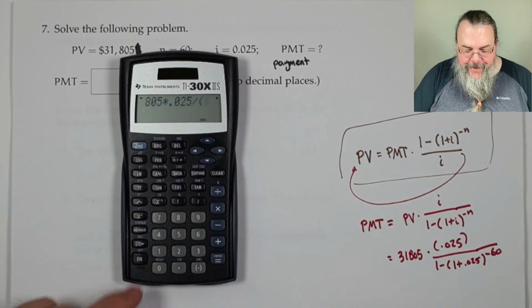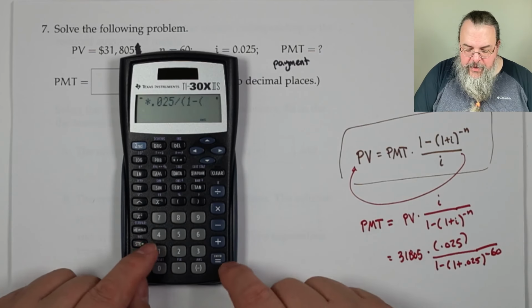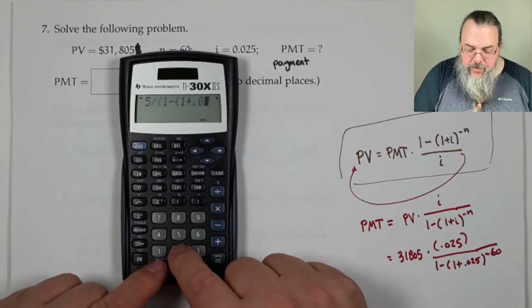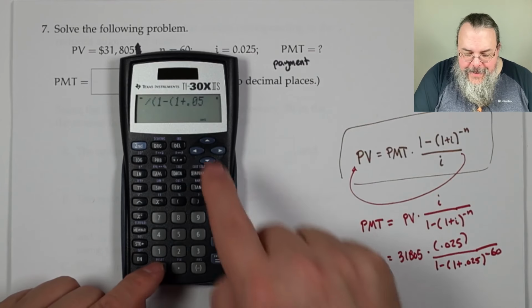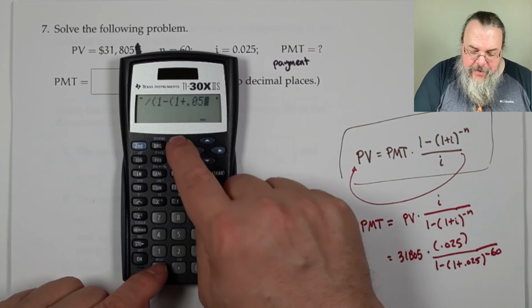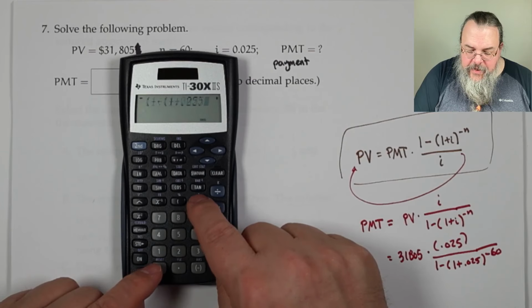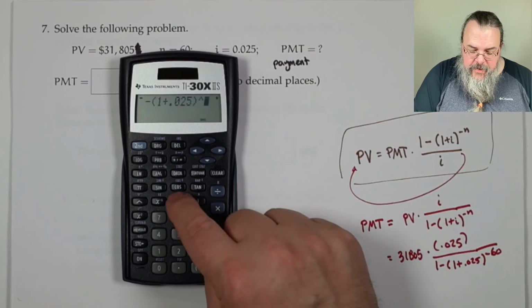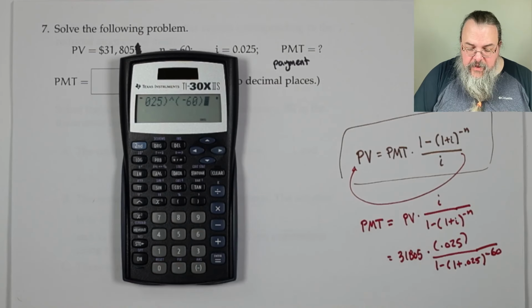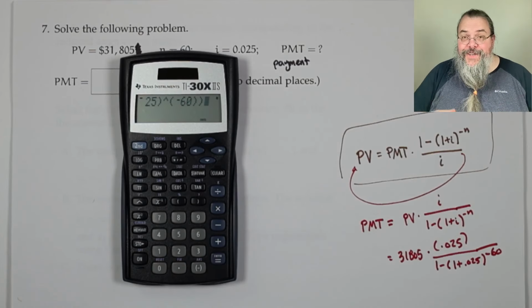Parentheses are your friend. 1 minus, again, parenthesis, 1 plus 0.025. And be careful, I forgot to put the 2 in there. So double check. Don't go so fast that you miss out on stuff. To the, and I'll put this as negative 60. Okay, good. Another parenthesis, and we should be good to go.